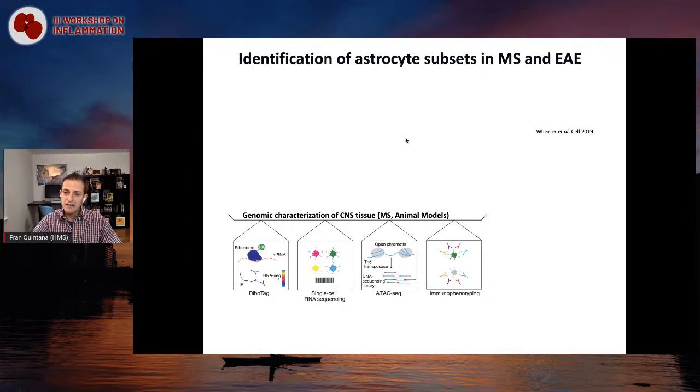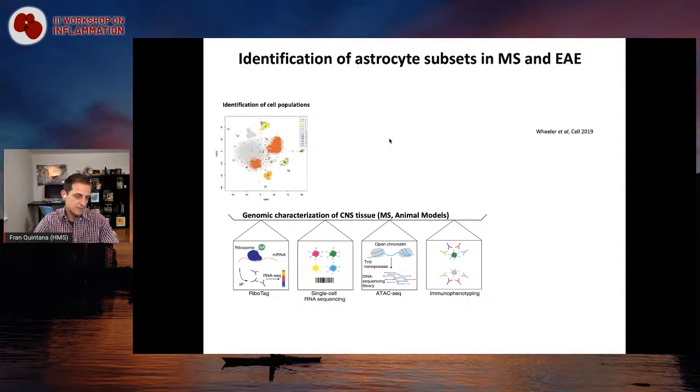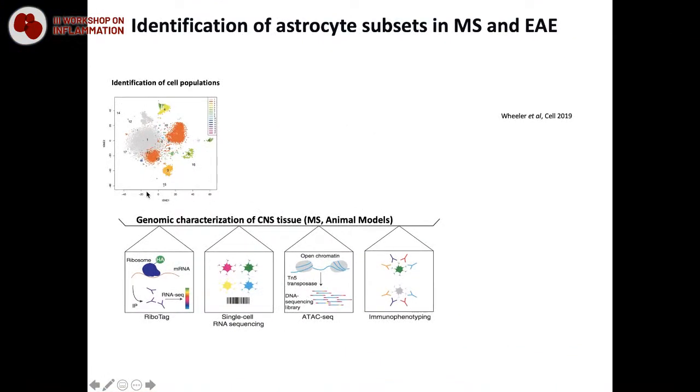When we perform these studies, our goal is always to identify novel astrocyte subsets. Here you can see multiple populations defined based on the transcriptional signature.